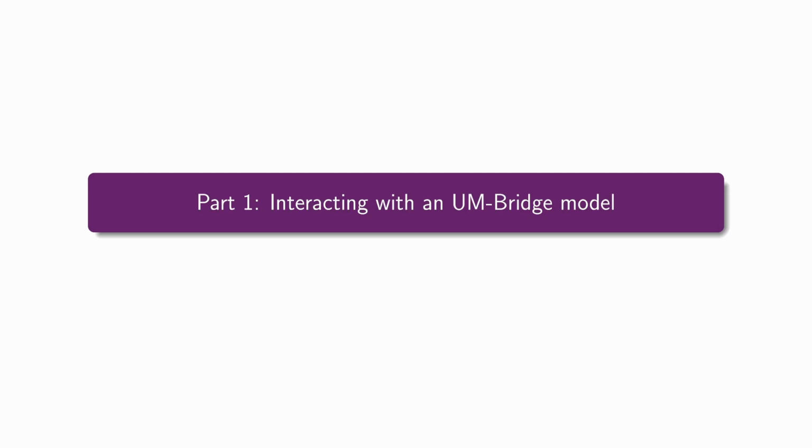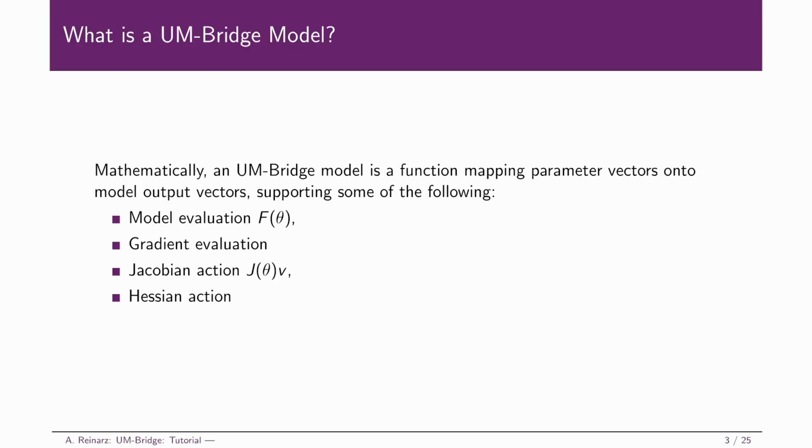So the first part that I want to discuss is how do we actually interact with the UM-Bridge model. For this, we should just recall very briefly what a UM-Bridge model is. And that is, at least mathematically, just a function which maps some input parameter vector onto a model output.